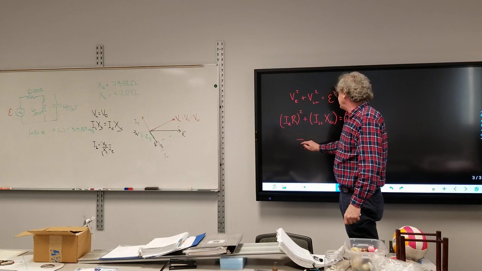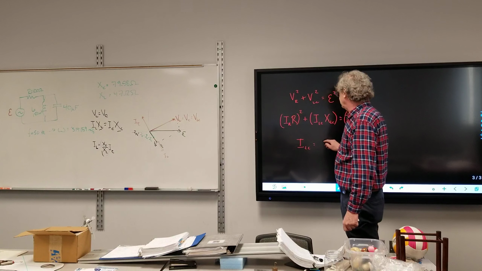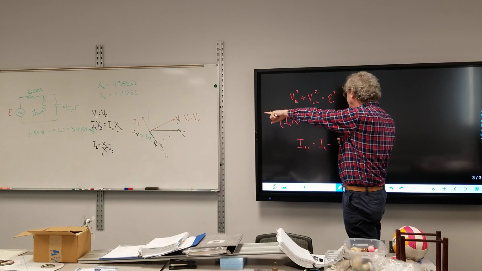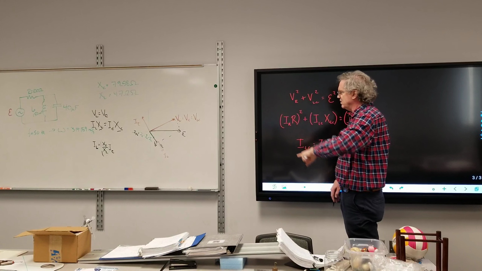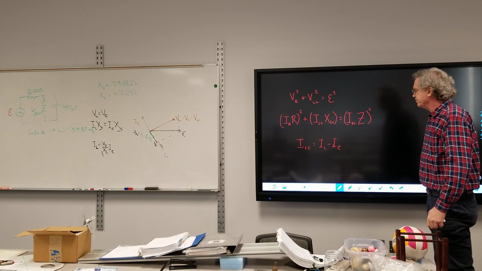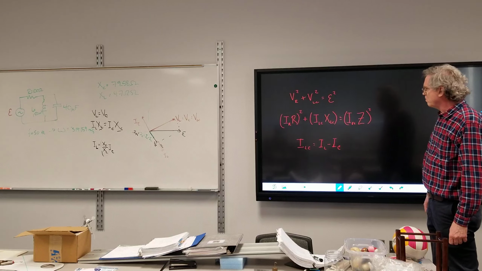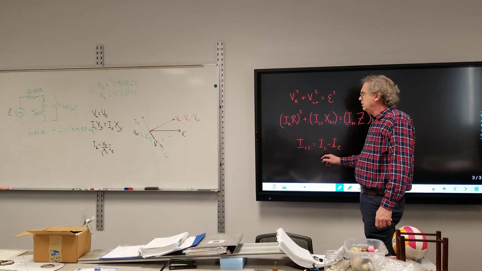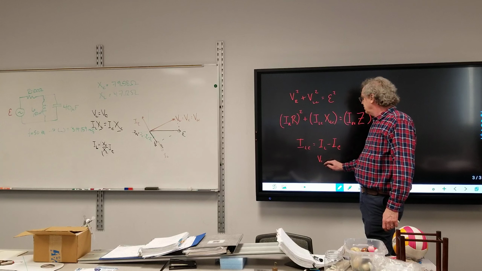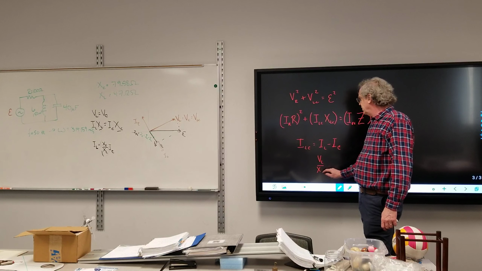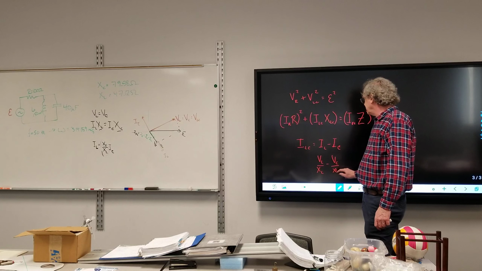So ILC is equal to IL minus IC. IL is equal to VL over XL minus VC over XC.